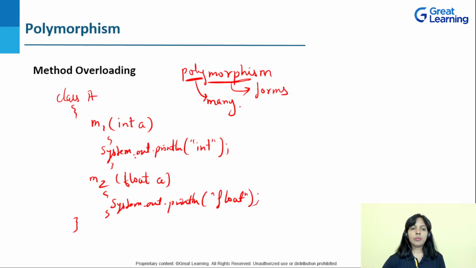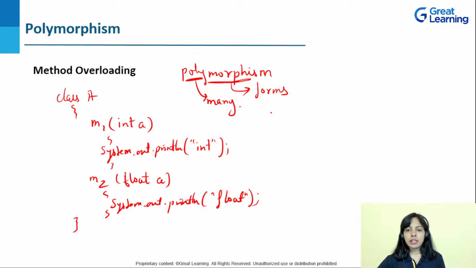Now, method overloading is two methods with the same method name but different parameter types. Two methods with the same method name but different parameter types are your overloaded methods.